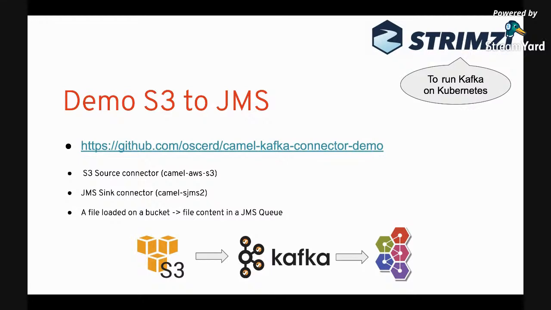What we will see is what happens when you load a file to your S3 bucket: this file will be consumed by the Camel consumer related to the S3 component and injected into the Kafka broker, and then moved to a JMS queue. Let's see the demo now, and it's a widget again, and it's pre-recorded.